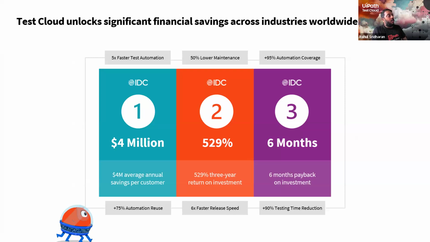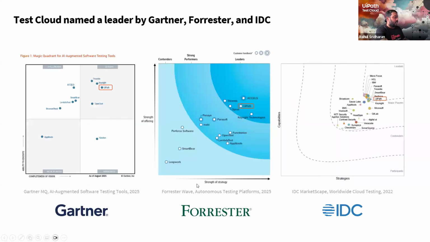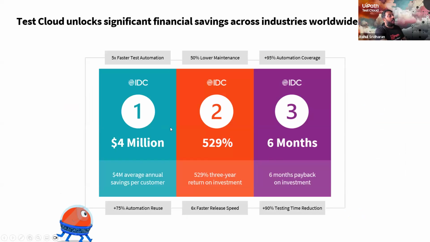This is an IDC report. IDC actually is a very well-known analyst in the world. They did a report on our customers who are using UiPath for software testing, right? And the report found that customers are able to get $4 million of savings, a return on investment of around 550%, and you get your payback in 6 months.